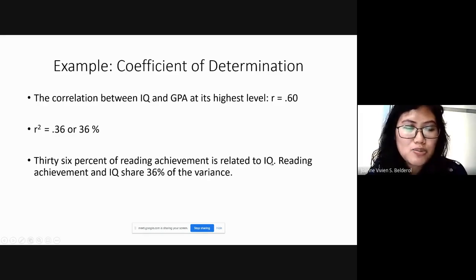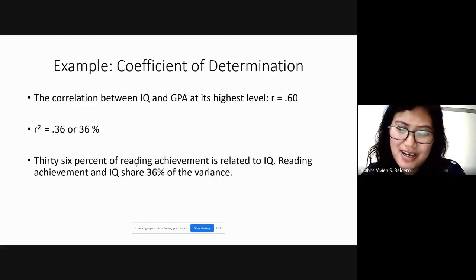And 100 minus 36 is 64. So 36% of GPA is related to IQ, while 64% is accounted for by other variables. Okay, so very easy, right?